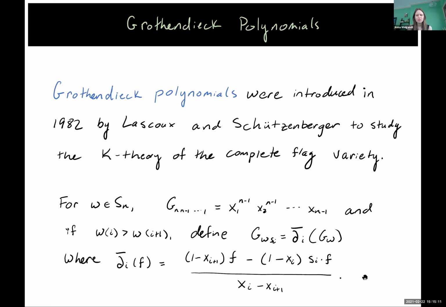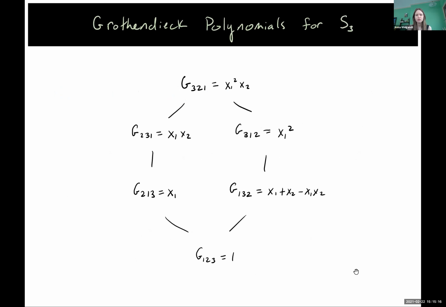Rather than reflecting on this formula too long, I'm just going to show you what the Grothendieck polynomials for S3 look like. So we start with this monomial up here. You'll notice most of them are actually just monomials. That's a feature of this being a rather small symmetric group. But this one's kind of interesting, the Grothendieck polynomial for 1 3 2.